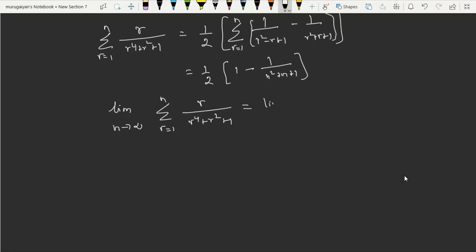So the limit as n approaches infinity of 1 by 2 times 1 minus 1 by n square plus n plus 1. Taking the limit, the second term 1 by infinity is 0. So 1 by 2 minus 1 over infinity. Final answer: 1 by 2. The limit of the summation r equal to 1 to n of r divided by r power 4 plus r square plus 1 is nothing but 1 by 2.